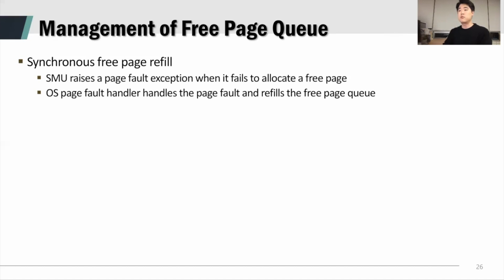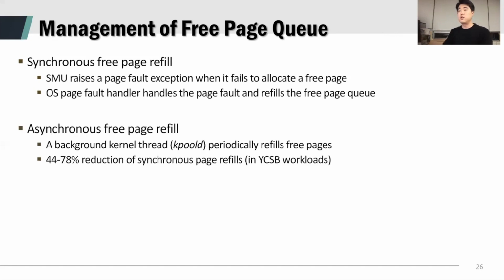However, this synchronous refill causes page faults, which are events we want to minimize. To accomplish this, we introduced another kernel thread called KPOD that periodically refills the free page queue. We empirically found that using KPOD can reduce up to 78% of page faults caused by the lack of free pages in the free page queue.